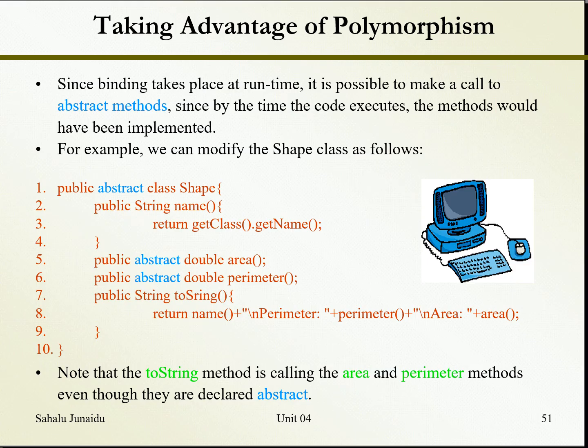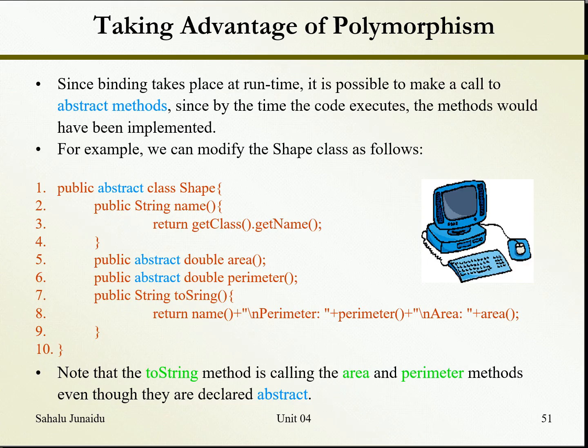Then we can know the area and perimeter. So what will happen if it is at compilation time? Whenever this call to perimeter is made, it will be associated with this method declaration. But this is not complete. So how will it bring its own value and be associated with this? This is why it is not possible with early binding.